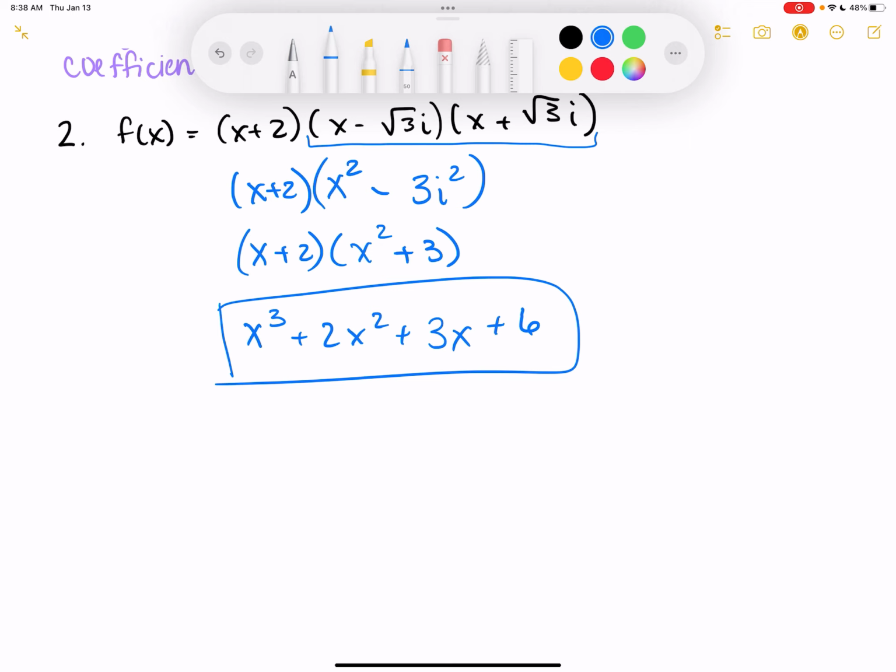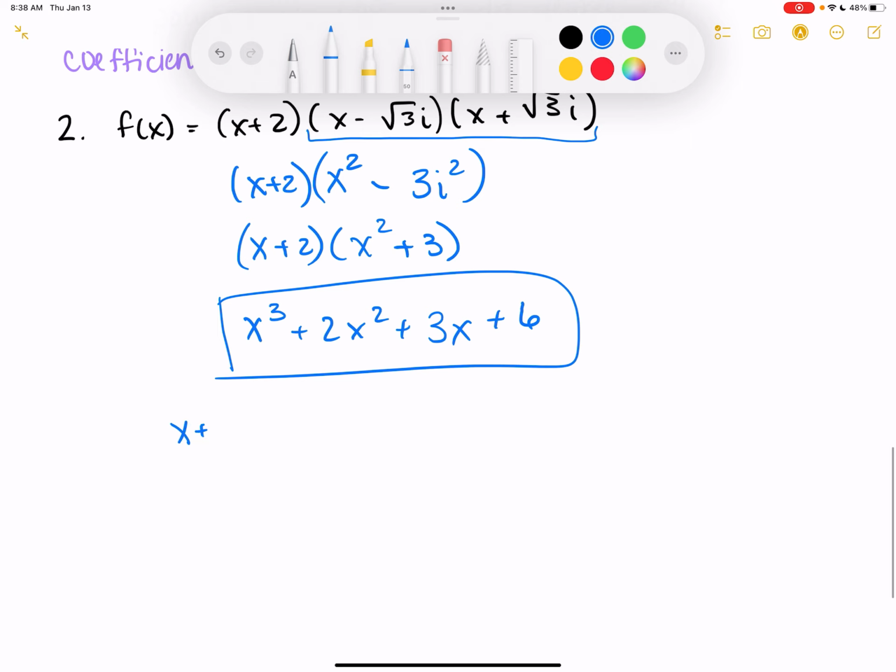Then it says identify the zeros and the x-intercepts of the graph. That's annoying. So the zeros, we just take each piece here and set it equal to 0. So x plus 2 equals 0, x minus the square root of 3i equals 0, and x plus the square root of 3i equals 0. Where are we getting that from? Right here. So then I just get x by itself.